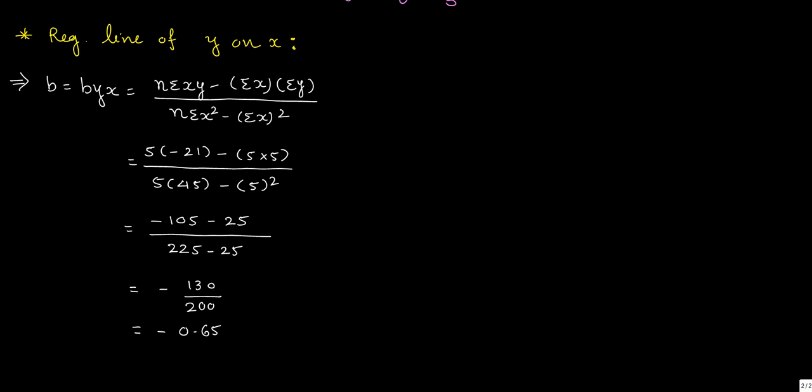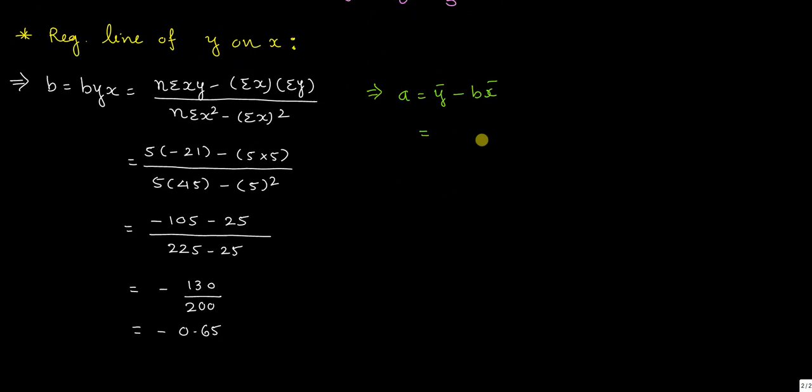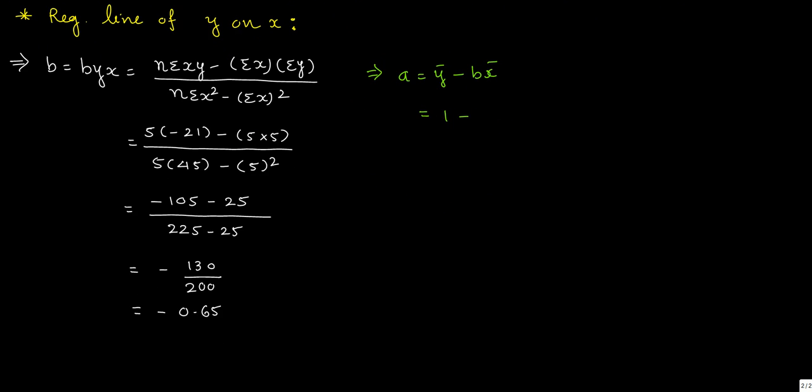Okay. Now find out a. A is equal to y bar minus b x bar. So y bar equal to 1, x bar both are 1. So 1 minus, b is minus 0.65 into 1. So it is 1 minus minus, plus 0.65.